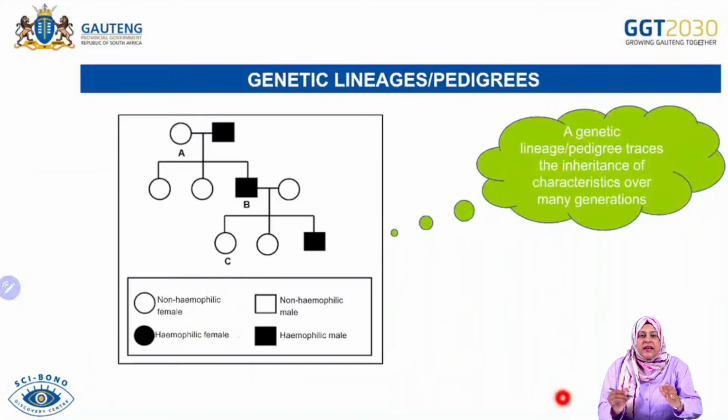It is not that when you see a pedigree, you must start using X and Y. No, that was the biggest problem in the prelim that we had. Everybody saw a pedigree and used X and Y notation, but nowhere in the question did it say sex-linked.